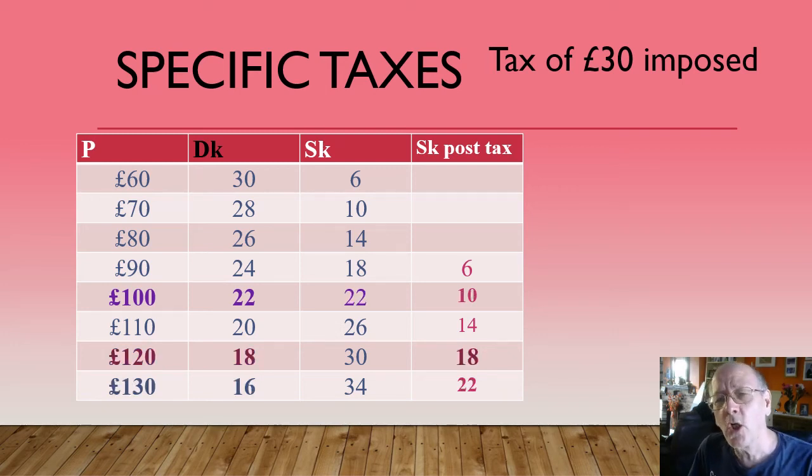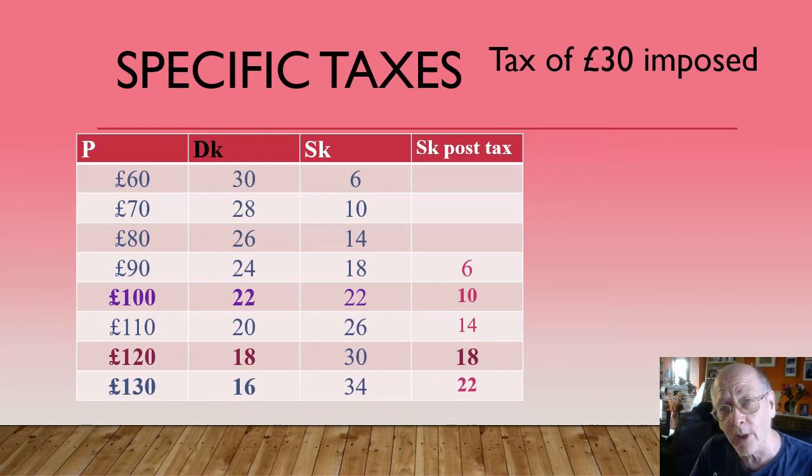Now let's take a look at what has happened here. Well, if you look at the original price of £100, buyers still want to buy 22,000 units, but suppliers are only prepared to supply 10,000 units, so we haven't got an equilibrium. However, if we add on that £30, then the price is going to be £130.